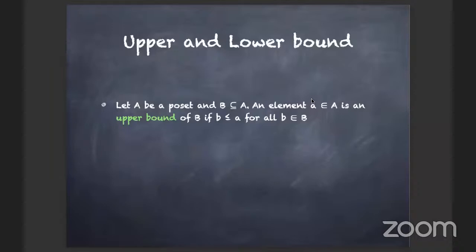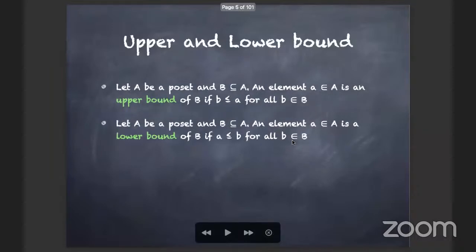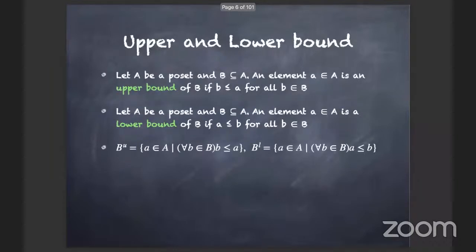And similarly, we can talk about the lower bound. An element A is a lower bound of a set B if A is less equal to B for all B belonging to that set. So for any B, we can form the set of all upper bounds of B and the set of all lower bounds of B.